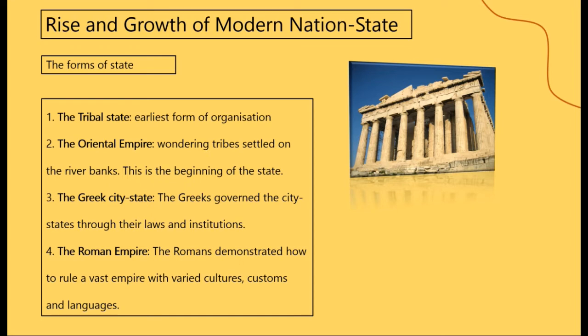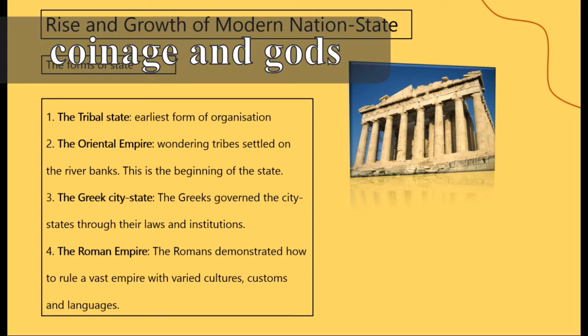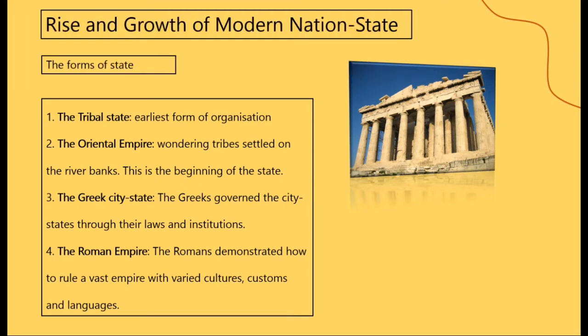Each city-state like Athens, Sparta, Thebes, Rhodes had its own government, laws, customs, institutions, coinage, and apart from this, the territory was small and citizenship was enjoyed by a few. Slaves and women had no right to participate in the affairs of the government.